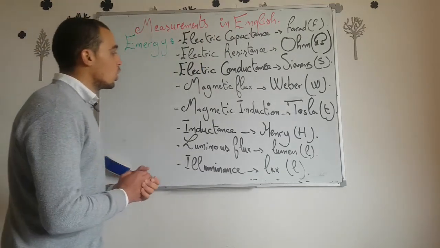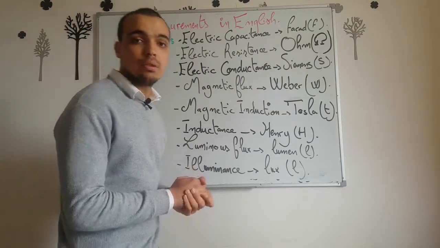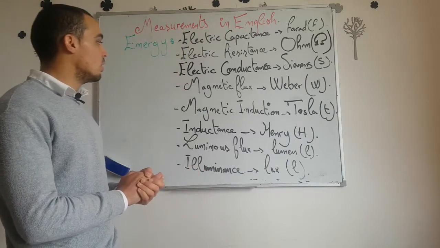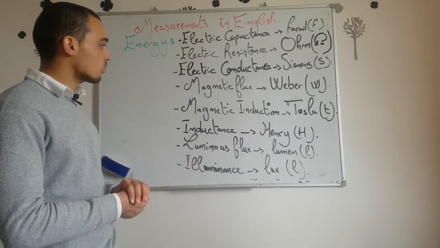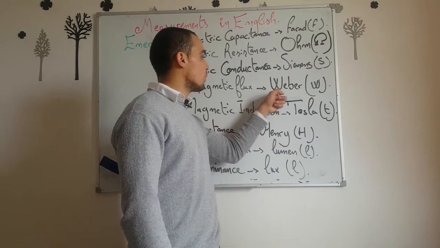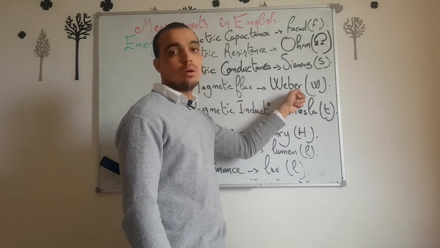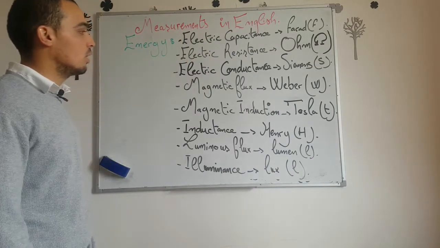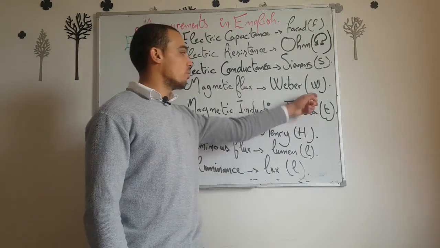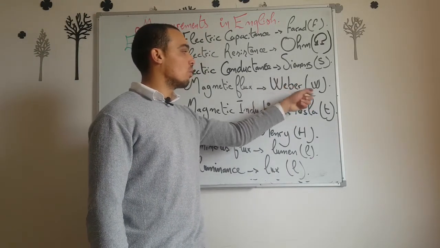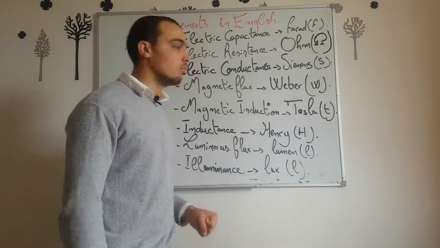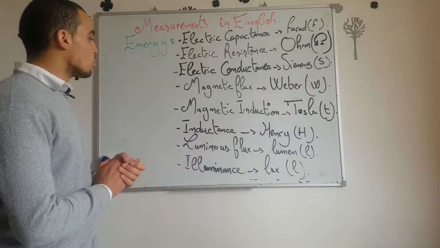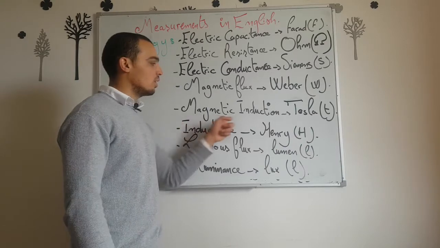We have also the magnetic flux, and to measure it we use the Weber, or this W. The short symbol that can replace the Weber is just a W. We have also the magnetic induction.